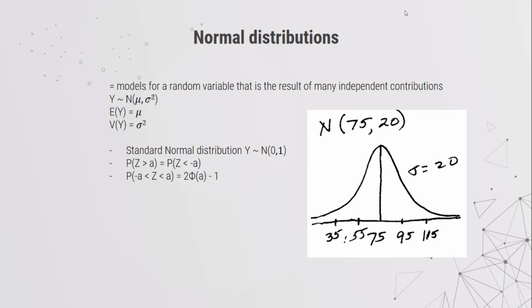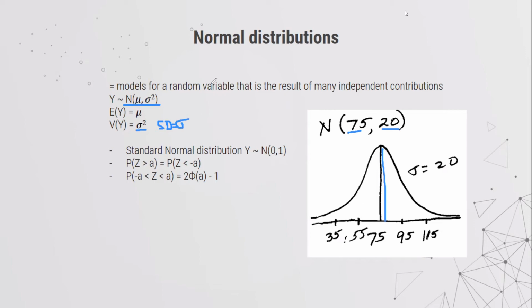We have the normal distribution denoted by the mean, which here in our case is 75. Then the variance, and the variance in our case is 20. If the variance is that number, it means that the standard deviation, just to recall, would be the square root of the variance.